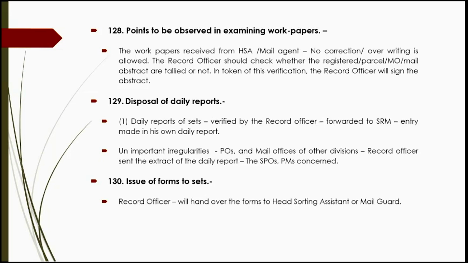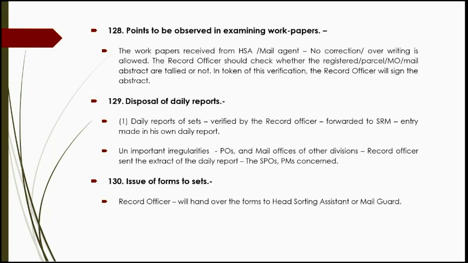What will be the irregularities that the record officer has to write in his daily report? If something major is there in the daily report of the HSA, then he has to make an observation of that. And if the work paper is not completed on time, based on that also the record officer can record in his daily report.